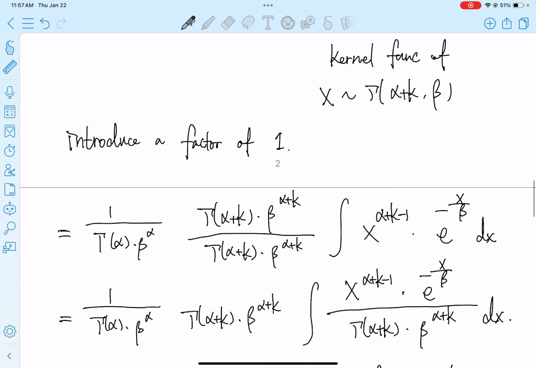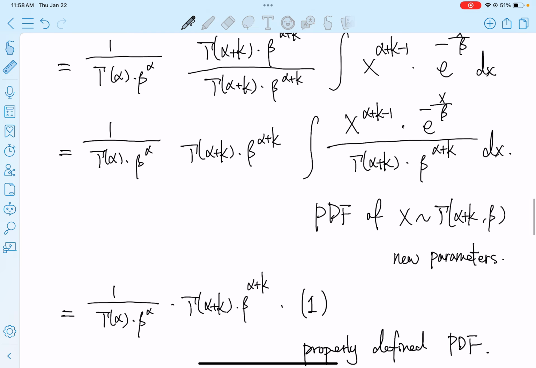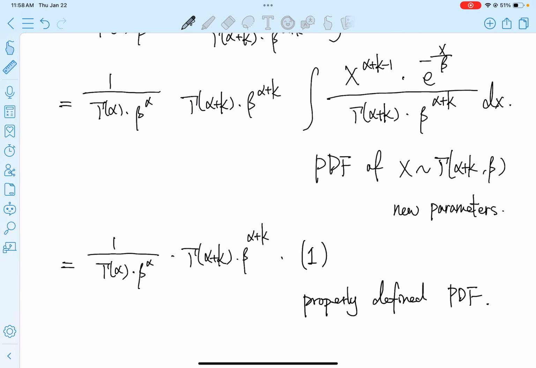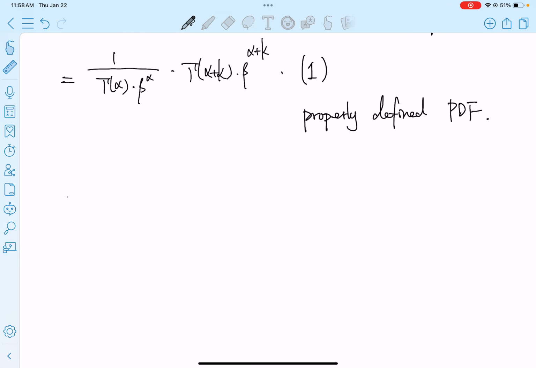And then by rearranging the terms and introducing a factor of 1, we construct a new probability density function, and that integral should also evaluate to 1. And that means the kth moment is equal to the following.